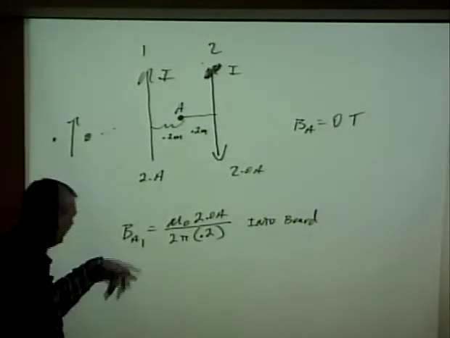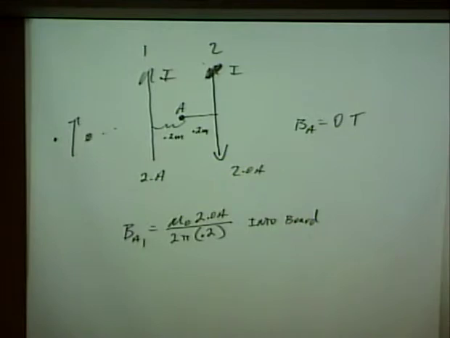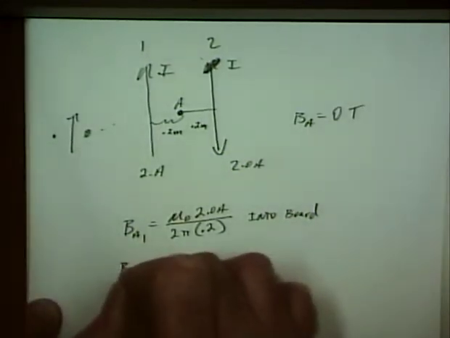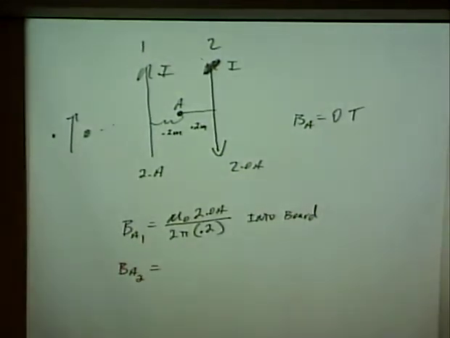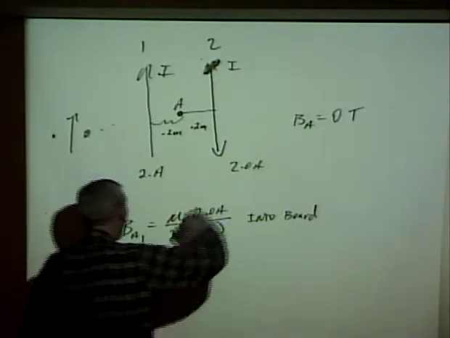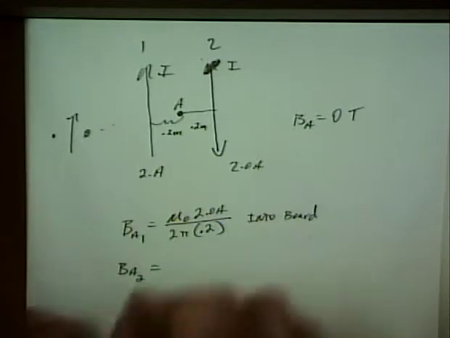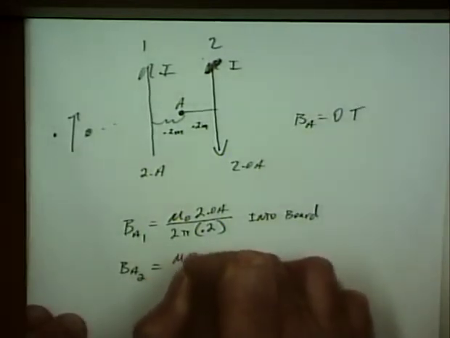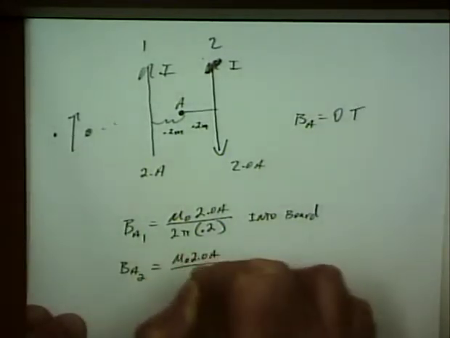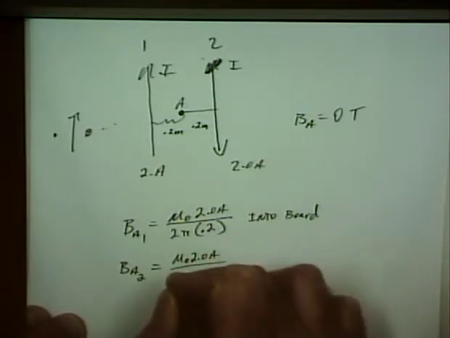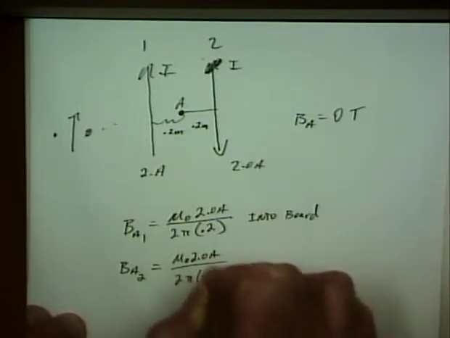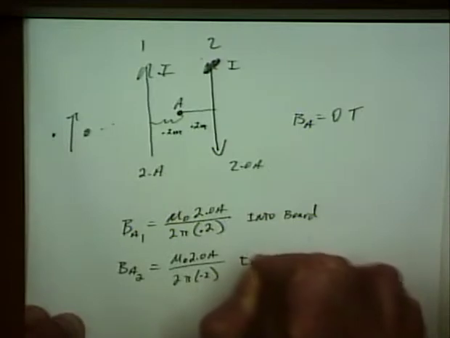And then let's look at the B field at A caused by wire 2. Now this one is going to be mu naught times 2 amps over 2 pi times 0.2, and that's going into the board.